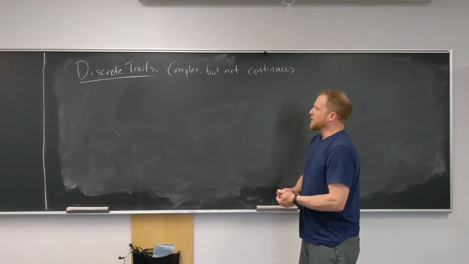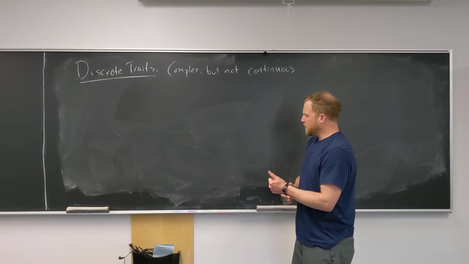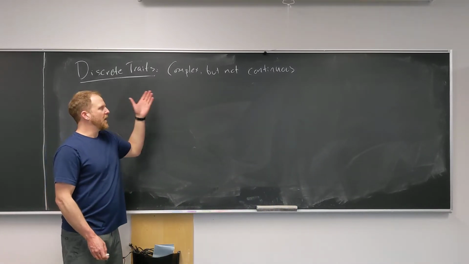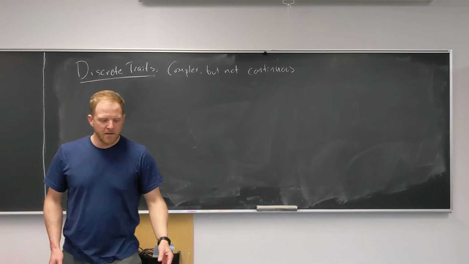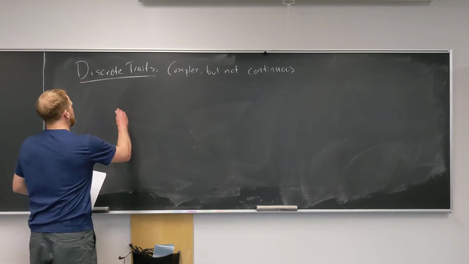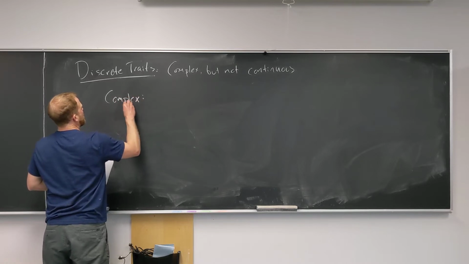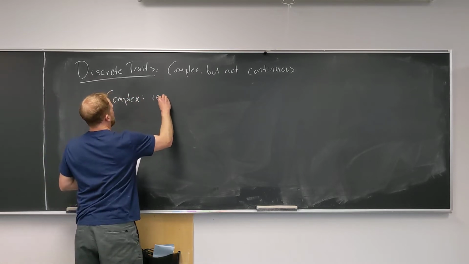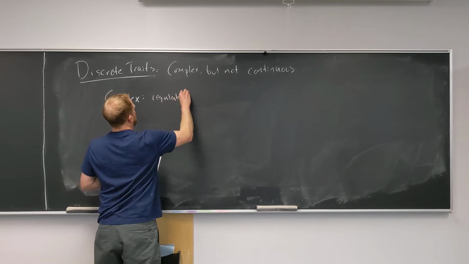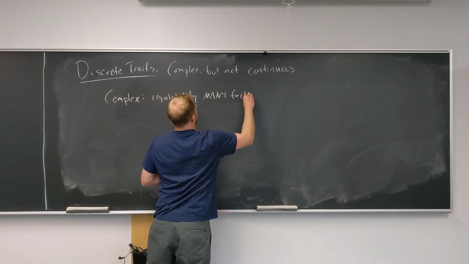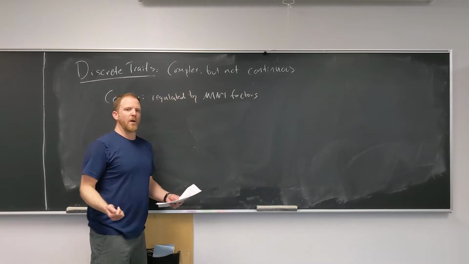So for this one, we're going to talk about discrete traits. Discrete traits are complex, but they're not continuous. They're complex in that, just like quantitative traits, they're regulated by many factors, in the same way that continuous traits are.